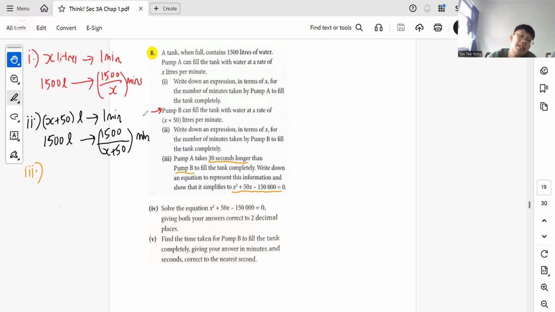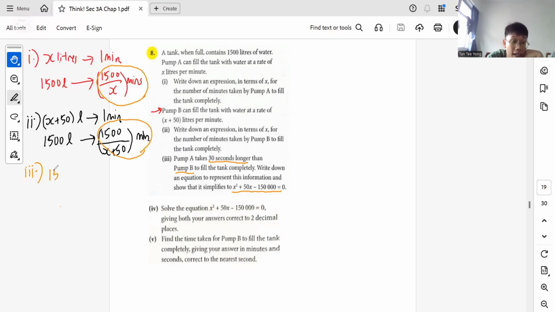Basically, they are comparing the time taken for pump A and pump B. Pump A takes 30 seconds longer, so this value is bigger than this value by 30 seconds. Take note, seconds, this is in minutes. If you convert 30 seconds to minutes, it's half a minute. And this value is bigger because it's longer; pump A takes longer.